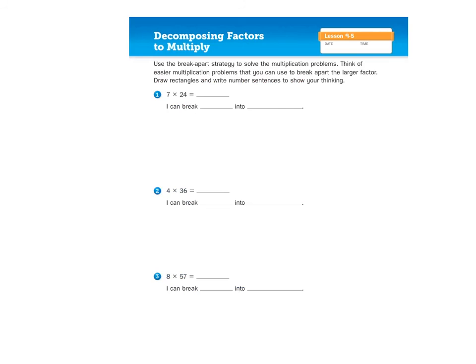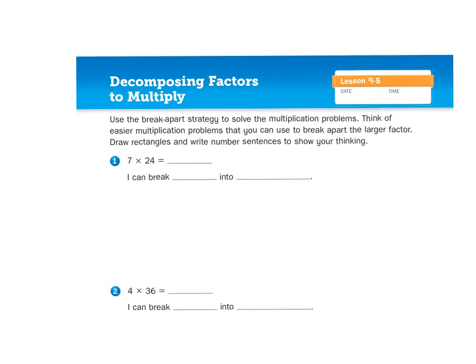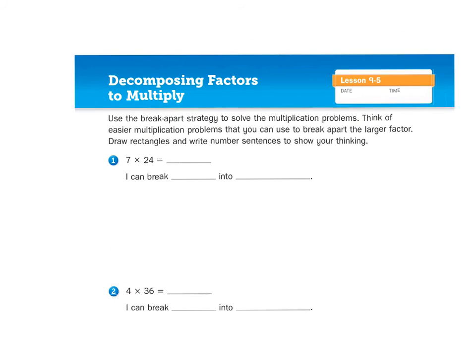So I'd like you to turn now to page 287, and we're going to do number 1 together. Okay, I would like you to draw rectangles to represent this today, okay? All right. So for this problem number 1, we have 7 times 24.